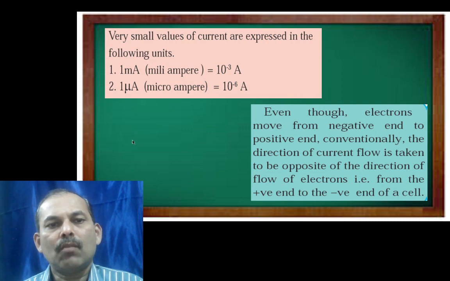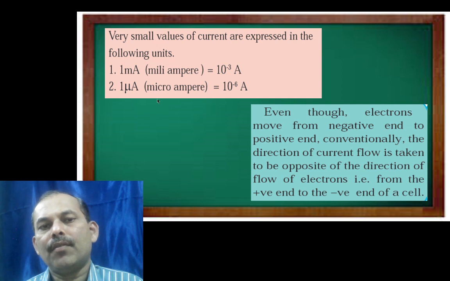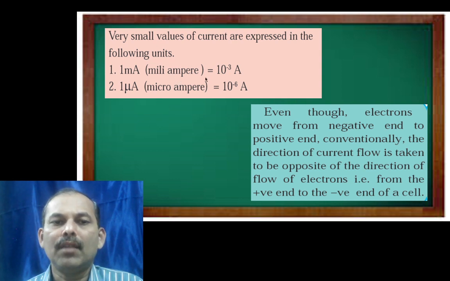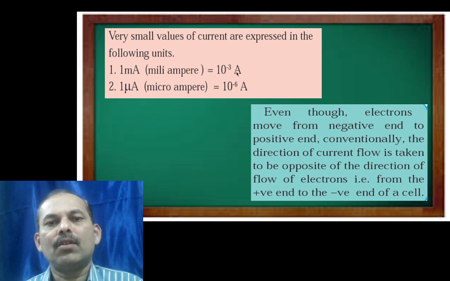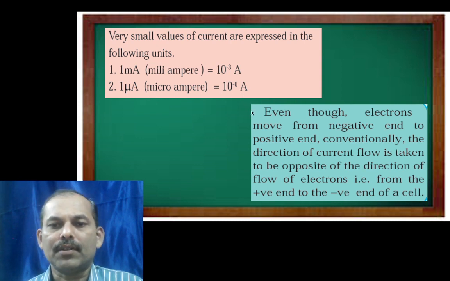Here also, small values of current are expressed in different units, that is milliampere or microampere. 1 milliampere equals 10 raised to minus 3 ampere and 1 microampere equals 10 raised to minus 6 ampere.